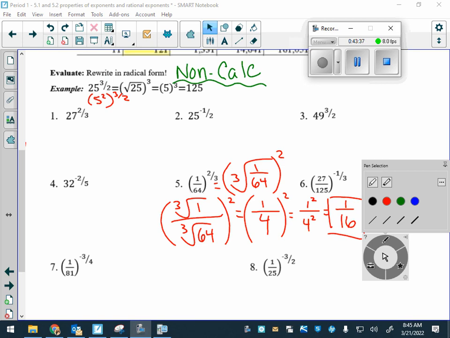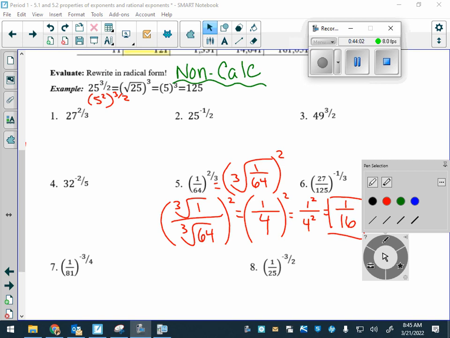Square root of 1 is 1. Square root of 25 is 5. Both go to the negative exponent. Cannot have negative exponents, so they switch spots. Since they're both negative, you end up with 125. Okay? Any questions on those?